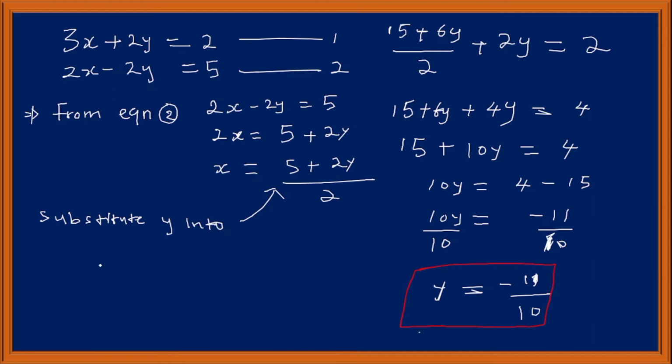If we do that, we're going to have x. So we have y to be minus 11 over 10. So substituting y is equal to minus 11 over 10 into this, x is equal to 5 plus 2 into minus 11 over 10, divided by 2.